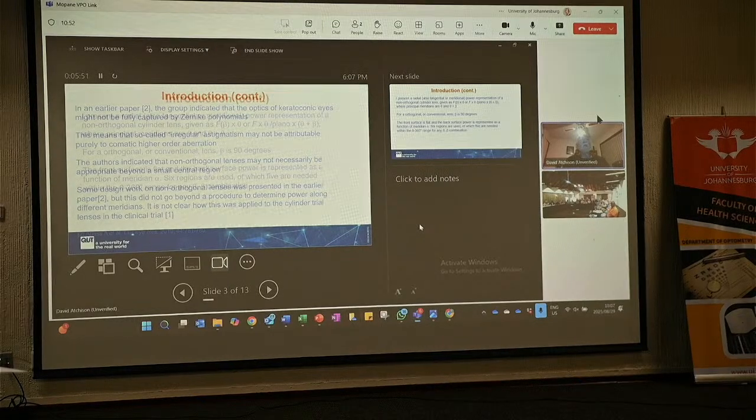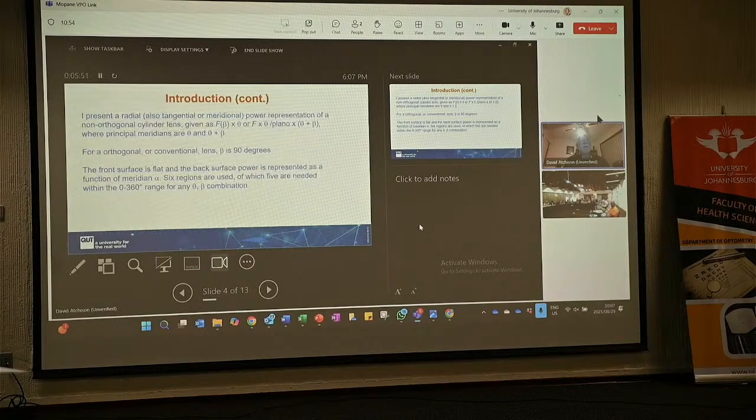Now, how you can perceive that blending. So this is a tangential or radial power, the power out from the center of the lens. So for power, you can have F and then beta times theta.